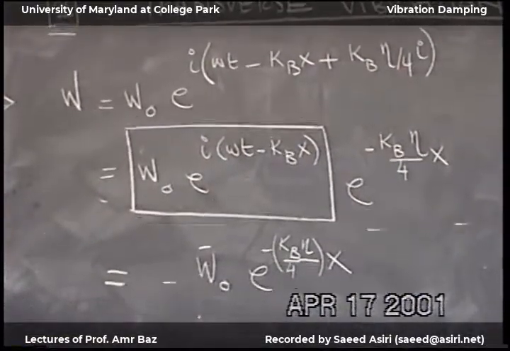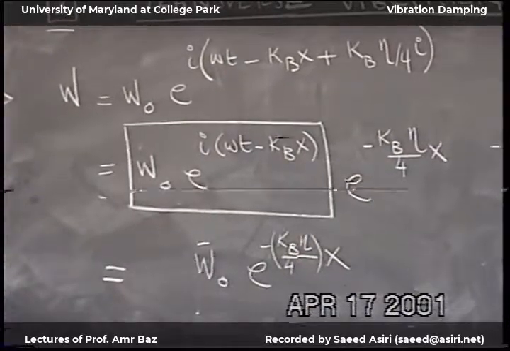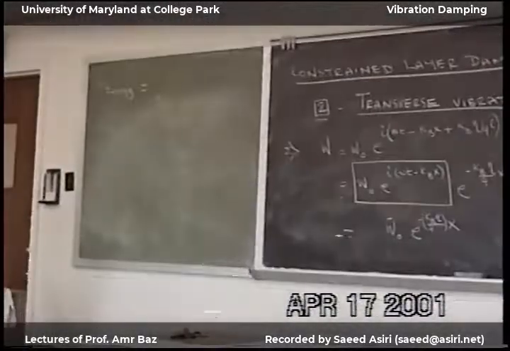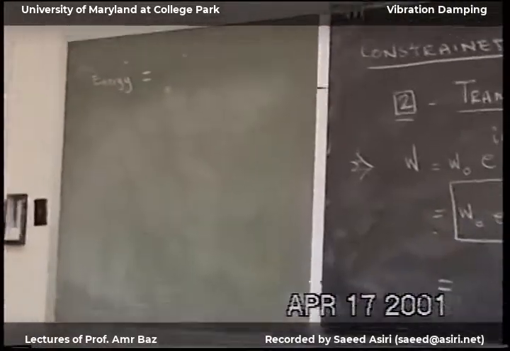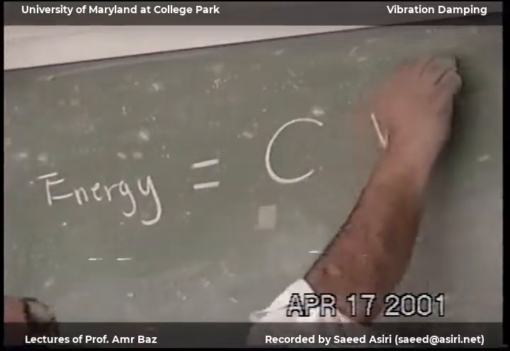The energy, we know it's equal to, for all the cases that we looked at, viscous damping or viscoelastic, some number times x squared, the amplitude squared. So this will equal to some number w squared.